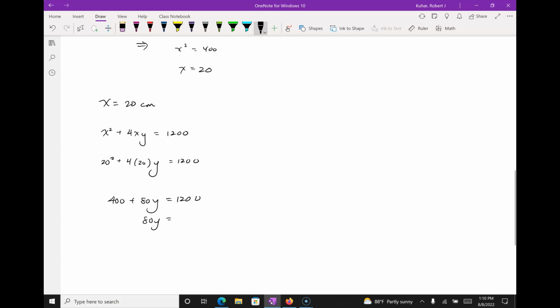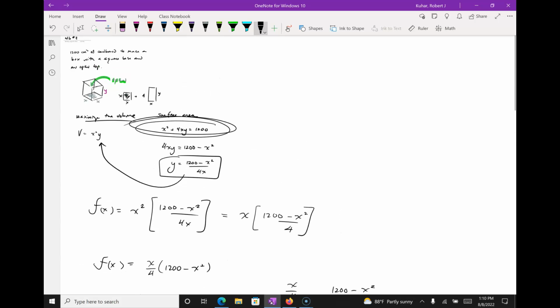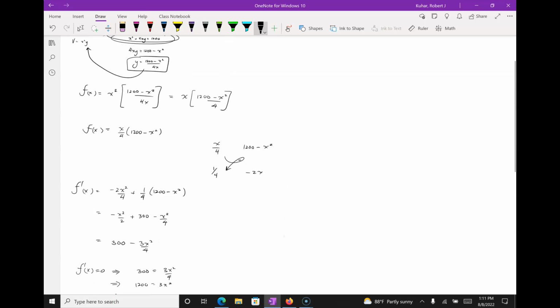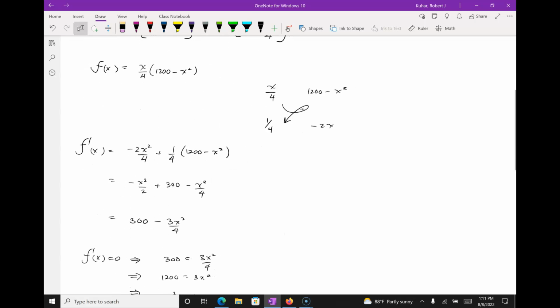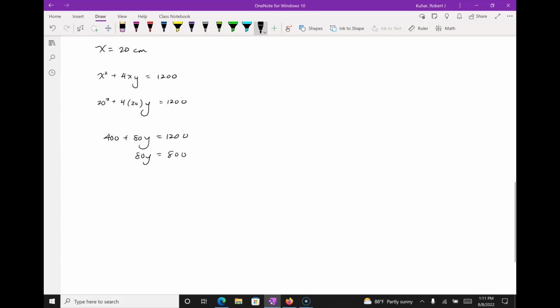Remember I already knew my surface area was x squared plus 4xy equals 1200, and that's where I'm going to get the y from. Yep. Say it again for me, Tia.